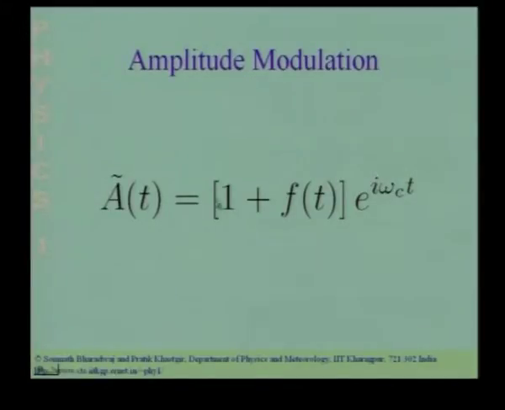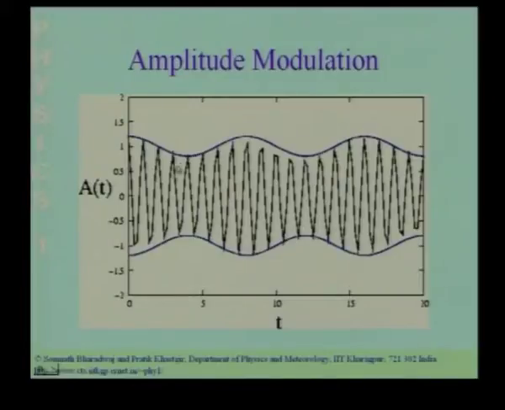At the receiver end, again there are devices through which only the changes in the amplitude are recovered, and from this you can get back the voice which you wish to transmit. So, this is what is called amplitude modulation, and this is shown over here pictorially.